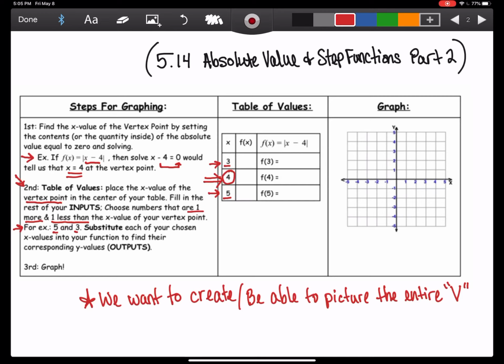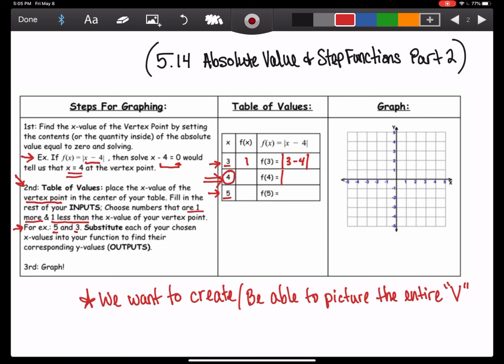For us, that's 3, 4, and 5. I'm going to do that in the table itself. Over here, I have f of 3 equals the absolute value of 3 minus 4. What does that equal? That's the absolute value of negative 1. What's the absolute value of negative 1? Positive 1.